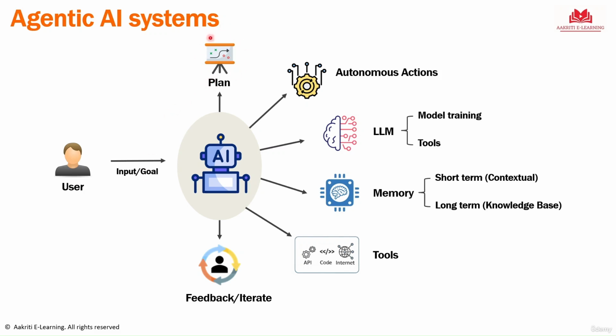So once it has the goal, it will get into a planning stage. It will go ahead and make decisions autonomously. It has a certain memory by which it remembers things and how it will operate. You can also provide it knowledge base documentation on how it should work. You can invoke what we call tools, and think of tools as code that allows you to connect to external systems.